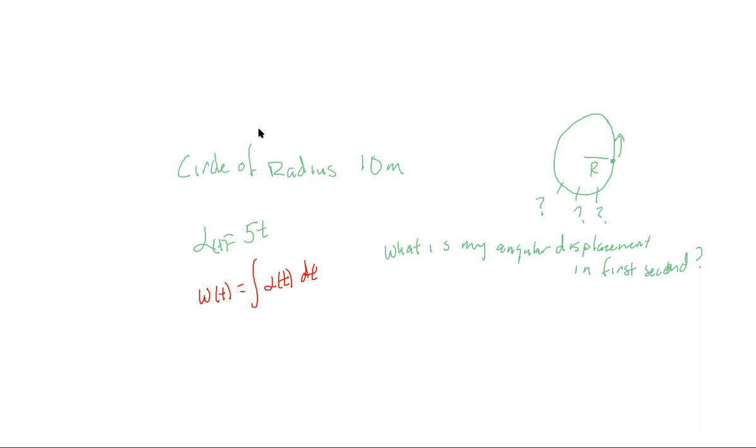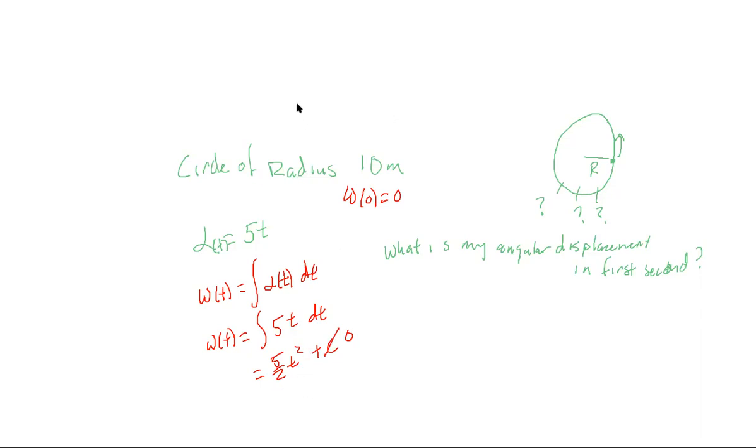So what I'll get from this is that omega of t is equal to the integral of 5t dt, and therefore that's equal to 5 halves t squared plus c, or plus my initial velocity. So I'm going to say that omega at 0 is 0, just to remind us. So I'm not moving at the start. And so this c would just be 0.